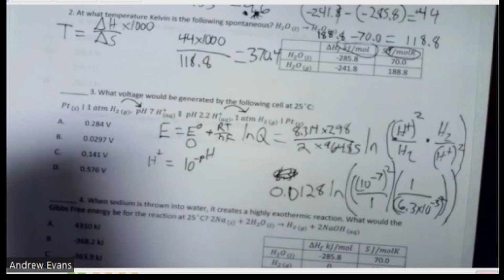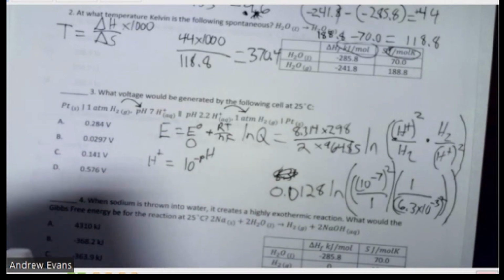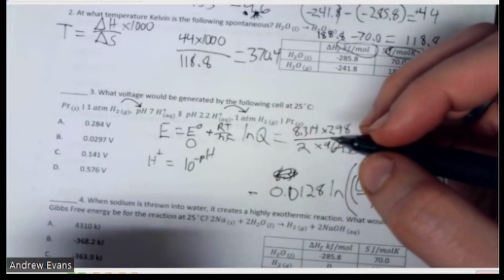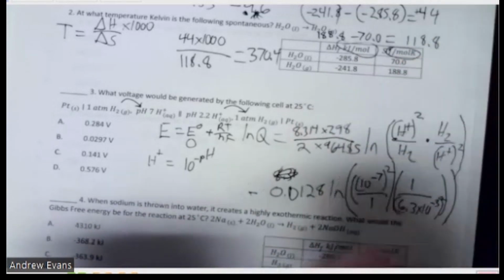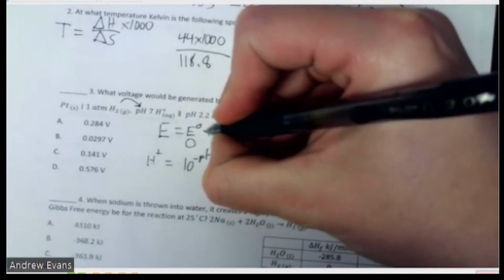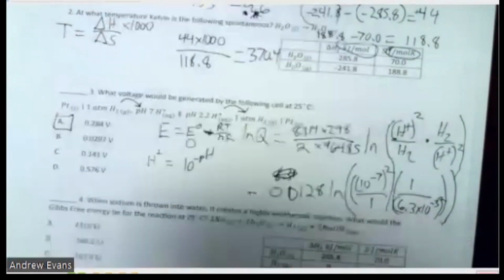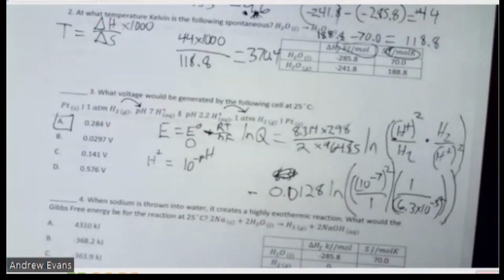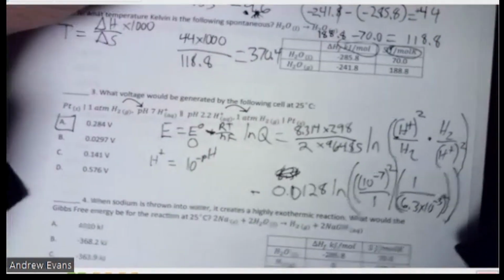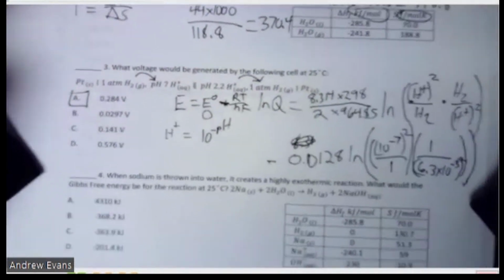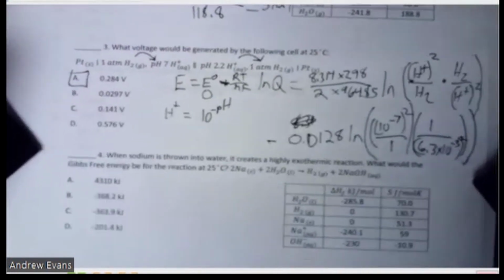So something like that should be minus, so it makes it positive 0.284. 0.284. It's a nasty one. Don't worry about that guy on the next test. We won't have a Nernst. I promise that already.